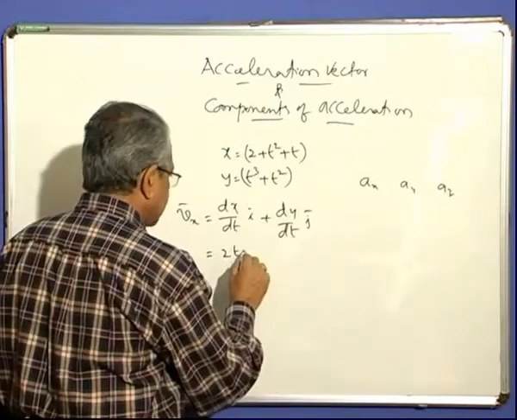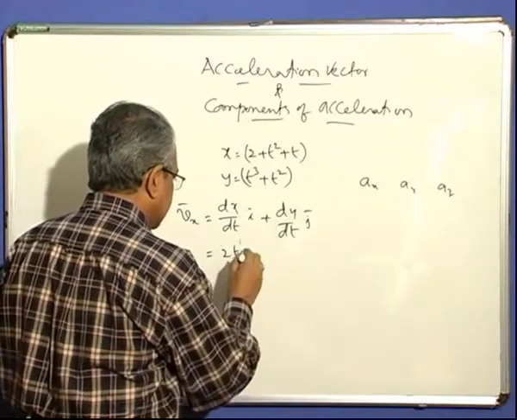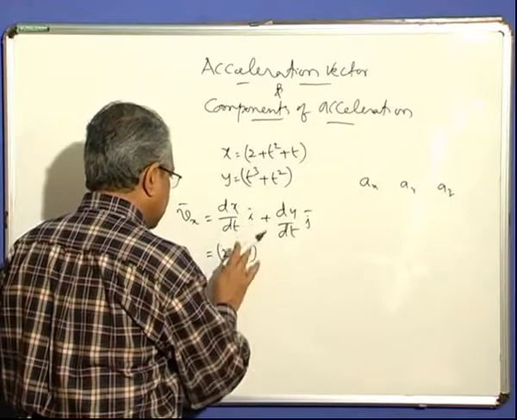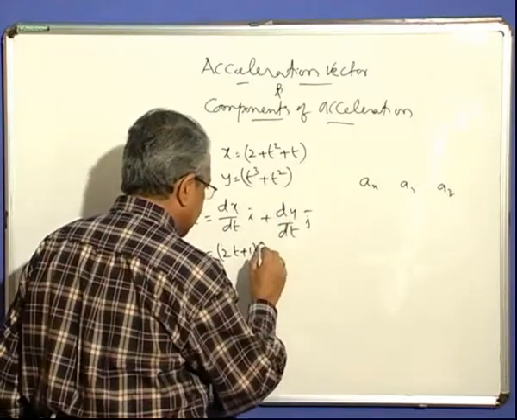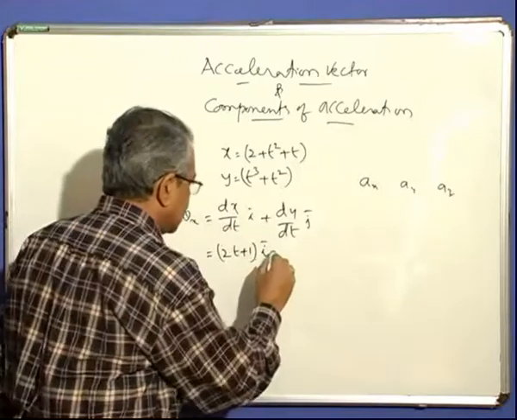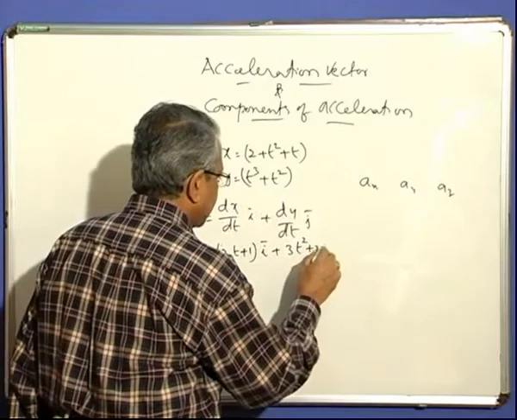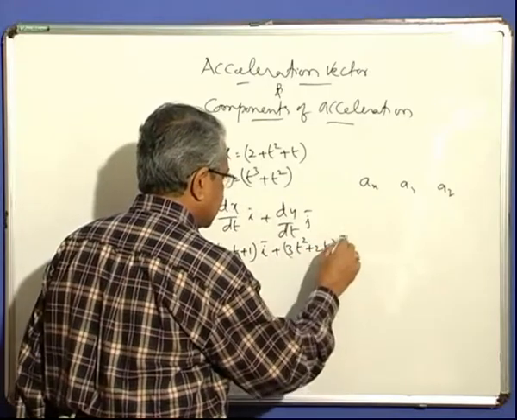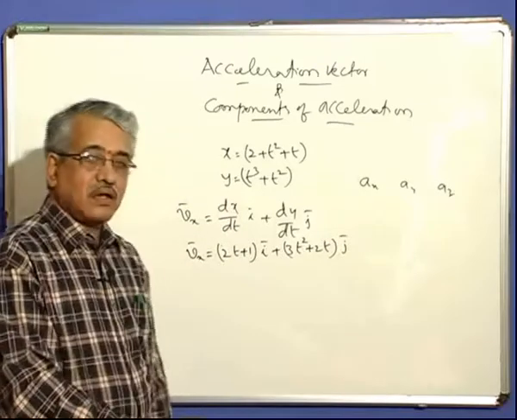And this is 2t plus 1, because differentiation of t with respect to time is 1, and this is i. Similarly for y it is 3t square plus 2t into j. So this is the velocity vector that we have.